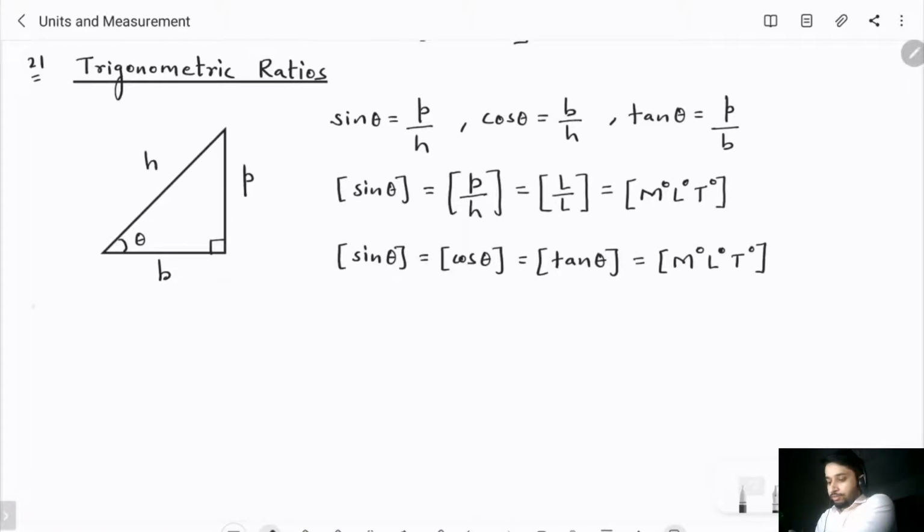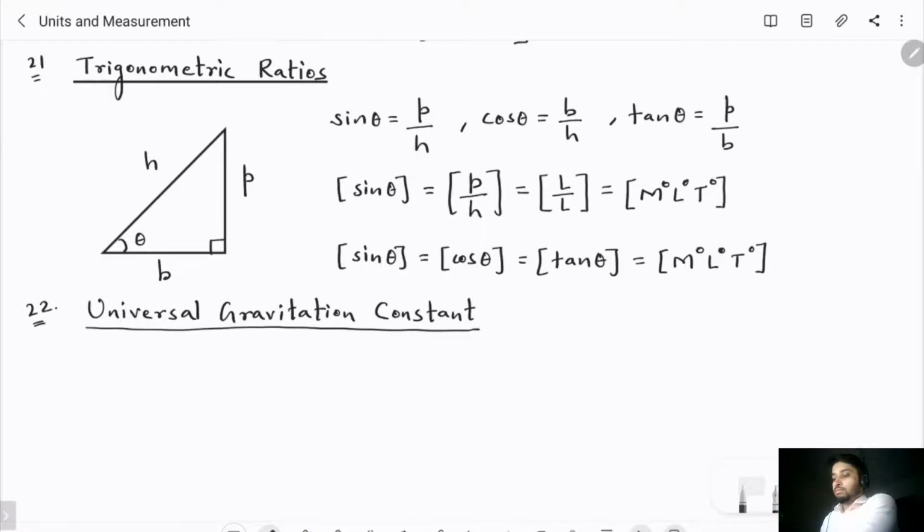Next, let us see the universal gravitation constant. We do not have any direct formula for the universal gravitation constant.